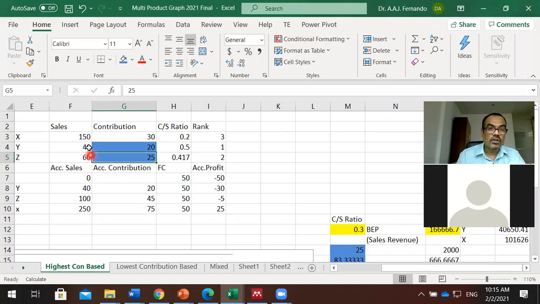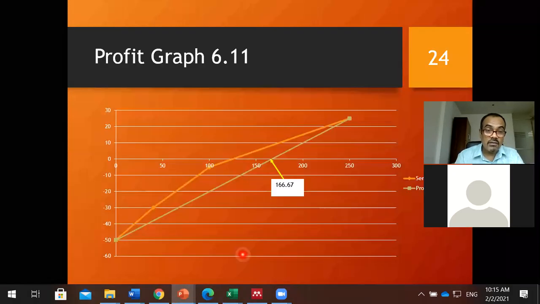You can check: your total contribution is therefore 75. This is 30, 20, 25, altogether it becomes 75. Total contribution is 75. In a situation where there is a total contribution of 75 and a total fixed cost of 50, of course your profit is 25.